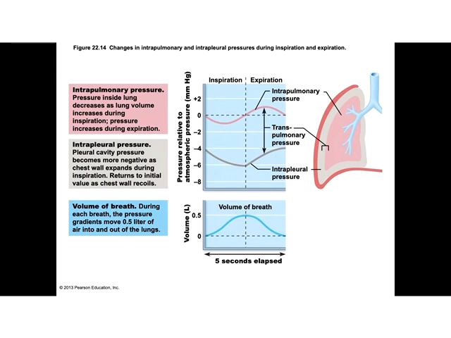The intrapleural pressure tracks down and then up. That's the pressure within the pleural cavity. And the transpulmonary pressure is always going to remain negative, but how negative depends on whether we're at the midway point or the inspiratory or the expiratory point in the breathing cycle.